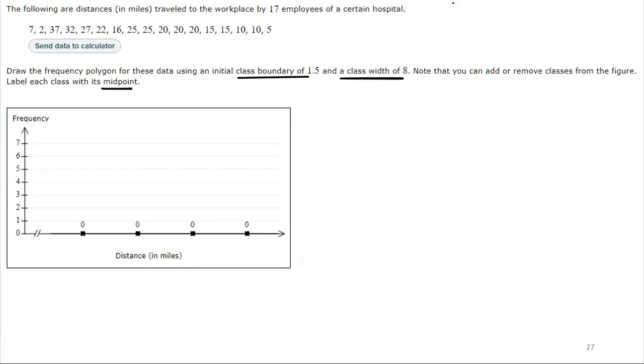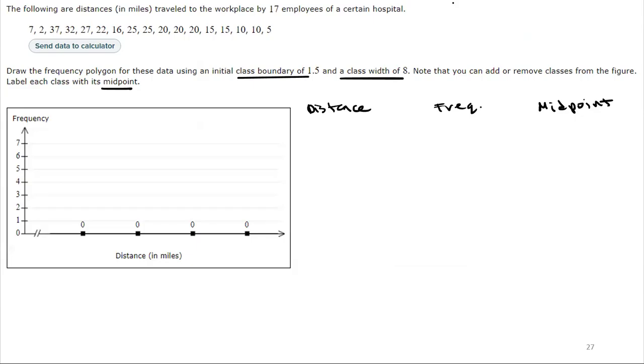Okay, so basically we're going to be doing what we just did before, but this time we need to do the whole table. So I'm going to have my table into 3 categories. I'm going to have the distance, the frequency, and then the midpoint. Okay.